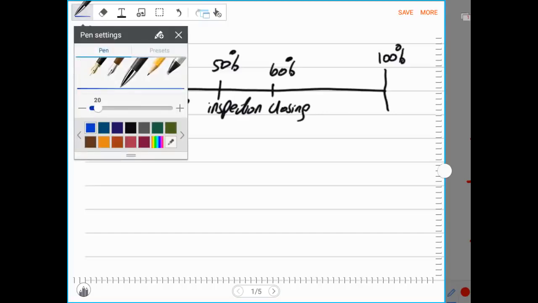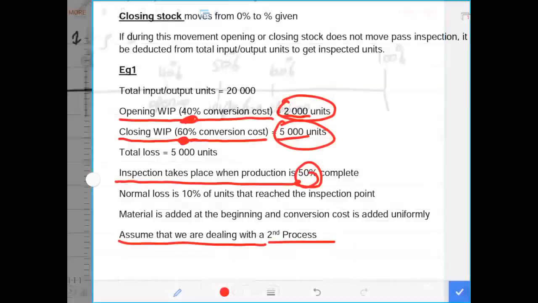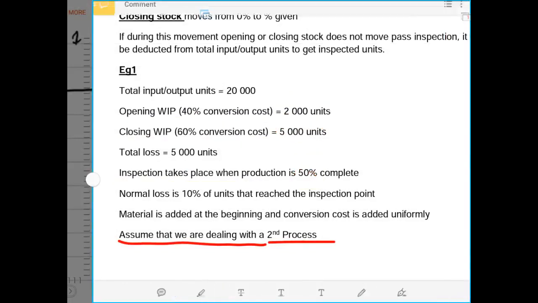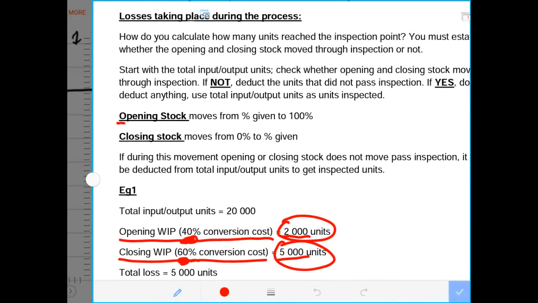Now let me again go and link all this with what I've highlighted to you in the beginning as the theory. Remember, there was a statement that spoke about opening and closing. It said opening stock moves from a given percentage up to 100%. That means whenever you see an opening stock, you must know that it will move from that given percentage up to 100%.